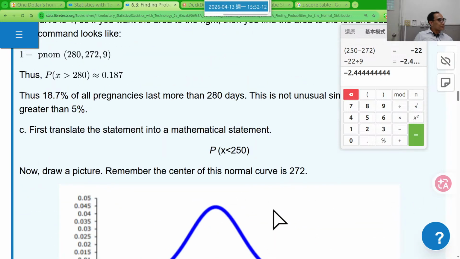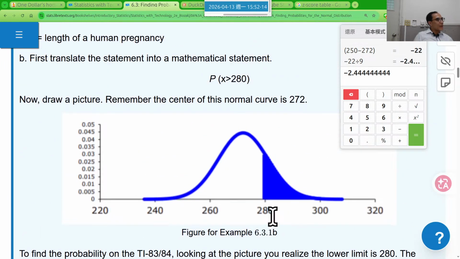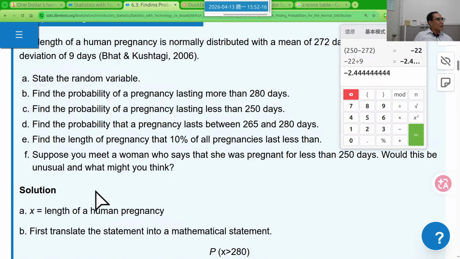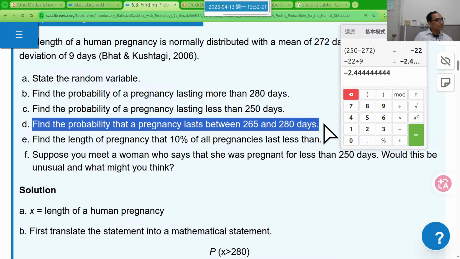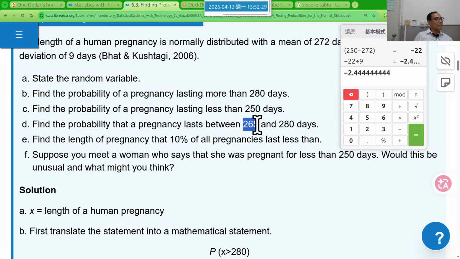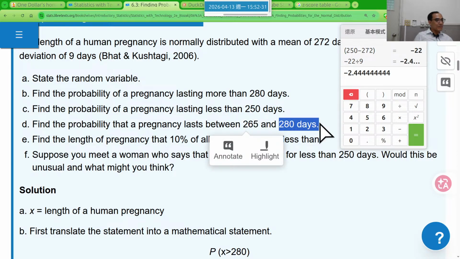Okay, last question. When we finish this one, we can find the probability that pregnancy lasting between 265 and 280.